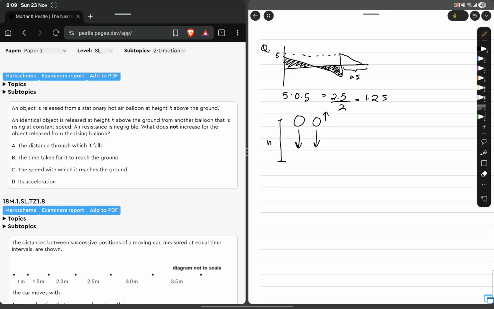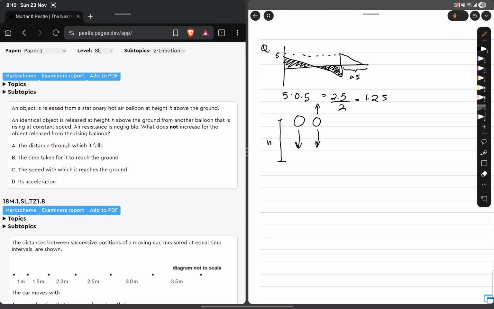And the reason for that is because if it has a predetermined upwards force from the rising balloon, then it's going to take a longer time to reach the ground because it's fighting through this upward force. The distance increases because if there's an upward force, the ball's probably going to first go up and then go down, which increases the distance that it takes.